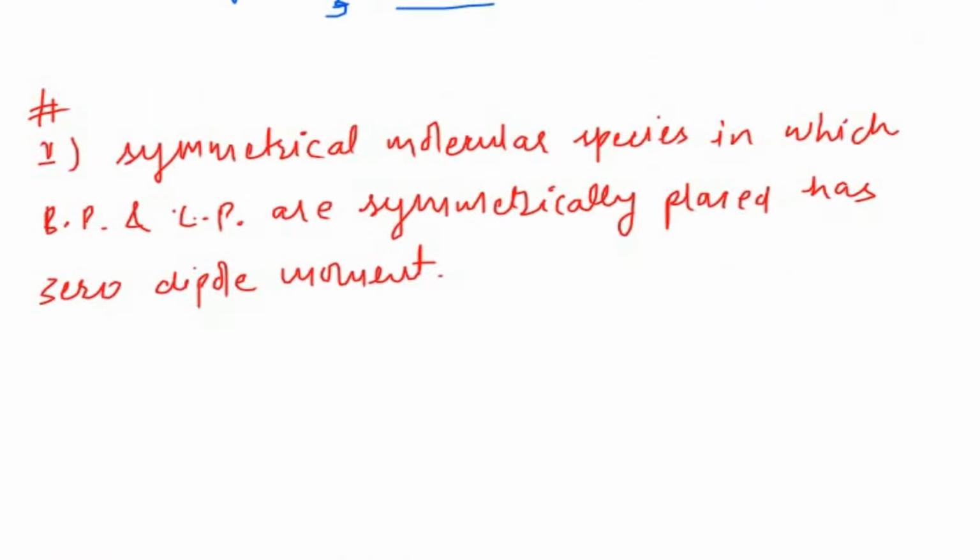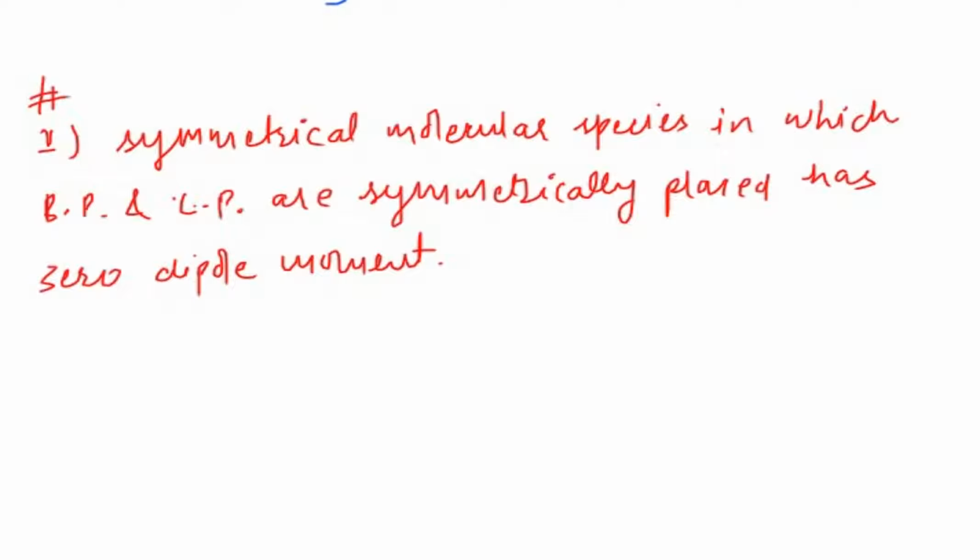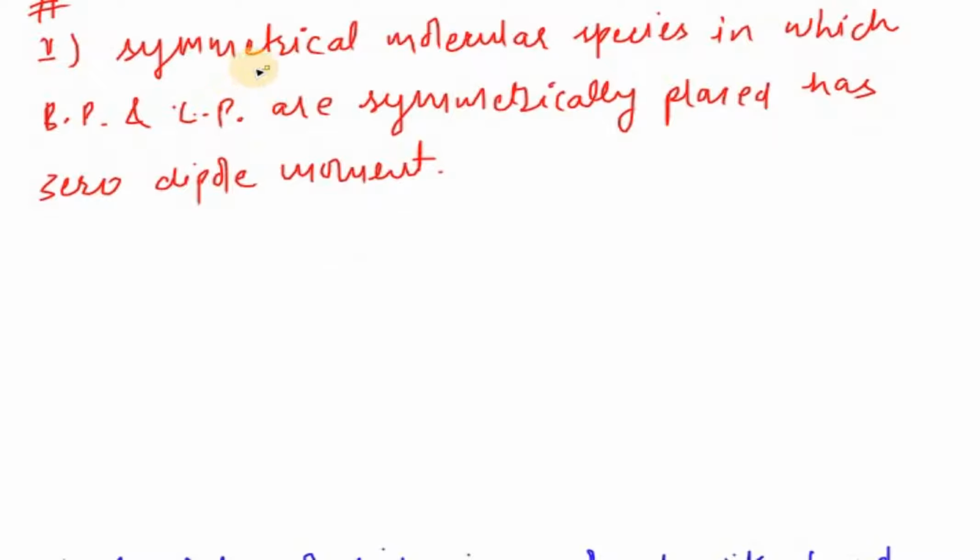Now there are some important points regarding the dipole moment. Whenever we have a symmetric molecular species, symmetric in shape and structure, in which bond pairs and lone pairs are also symmetrically placed, it has a zero dipole moment. Let's take CCl4.